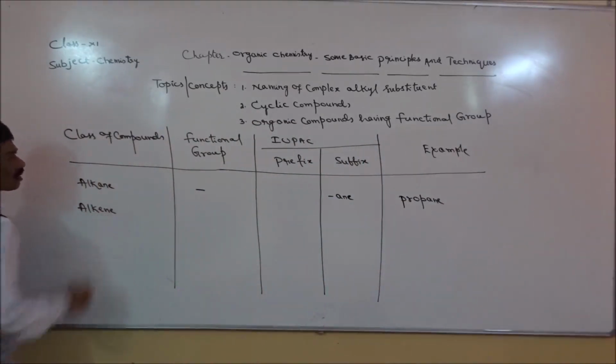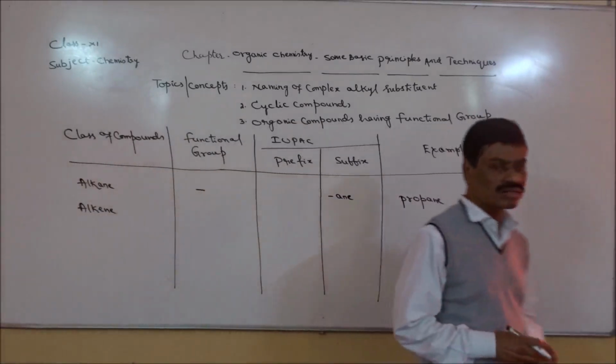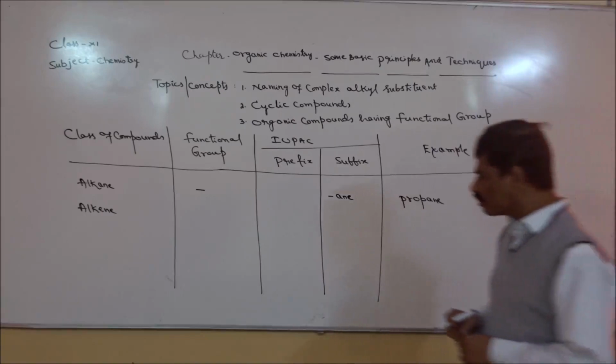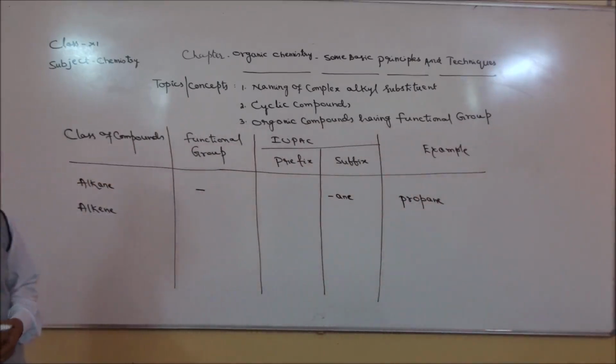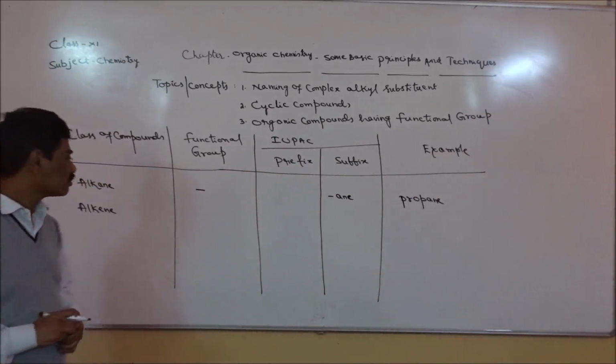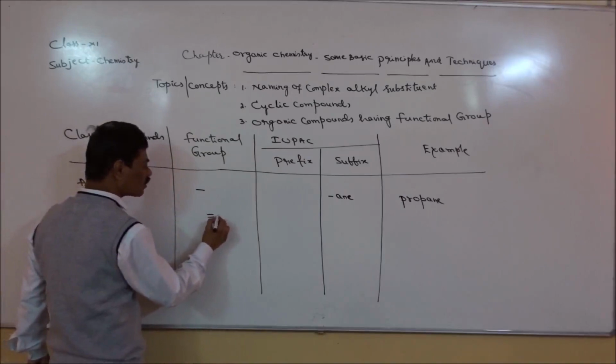alkene. Next, in the case of all alkenes, we have double bonds, right? Meaning each alkene should compulsorily have at least one double bond. So here I write double bond, and this should be in between the carbon atoms.